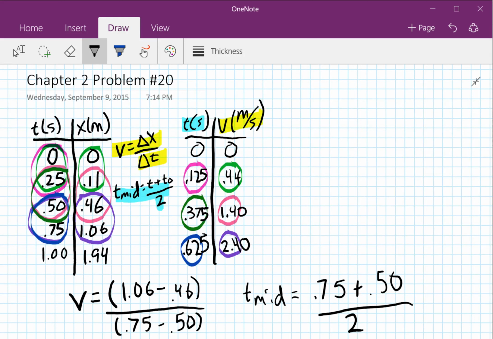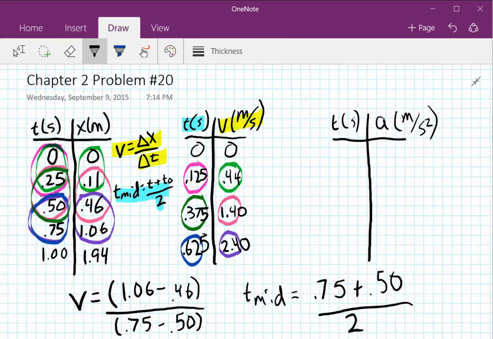Now you need to go to the acceleration versus time graph, which is very similar. It's really not that different. So you have time in seconds, you have acceleration in meters per second squared. Now with this, you're going to need to basically do the same thing for time. You're taking the midpoint, okay?